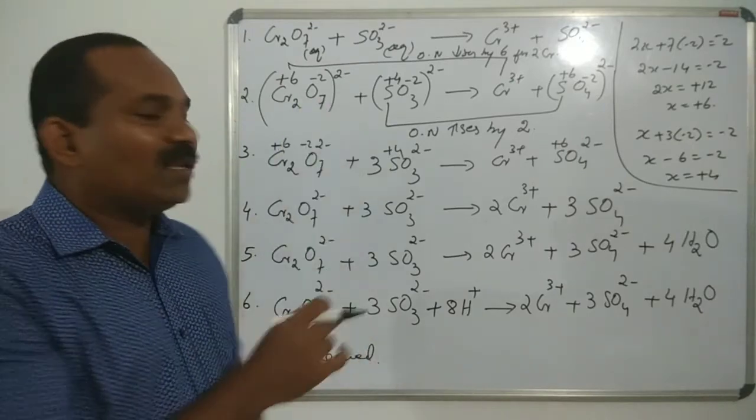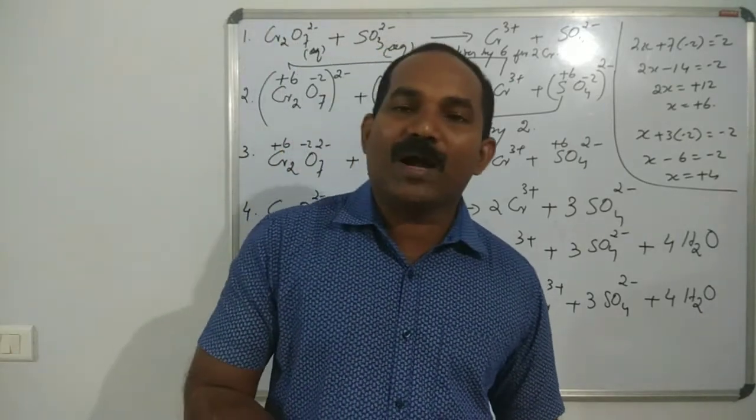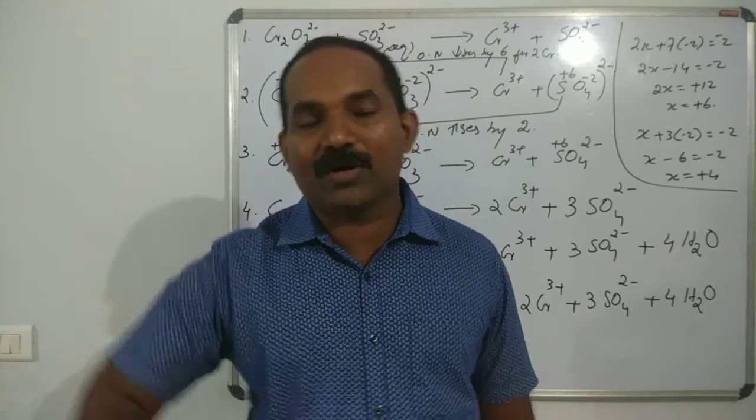So these are the various steps involved in balancing a chemical equation or a redox reaction. Let's discuss one problem based on the basic medium. A reaction takes place in the basic medium. It is a question taken from the NCERT book. Permanganate ion reacts with the bromide ion in basic medium to give manganese dioxide and bromate ion.